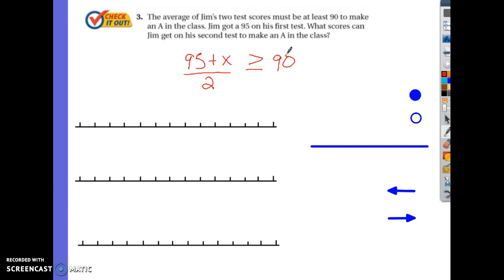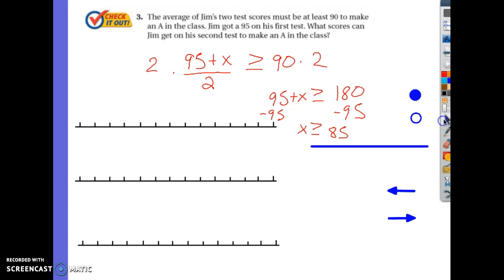So let's solve this two-step inequality. Times 2, times 2, 95 plus x has to be greater than or equal to 180. Subtract 95, subtract 95, and I have x has to be greater than or equal to 85, so Jim needs to get at least an 85 on his test.